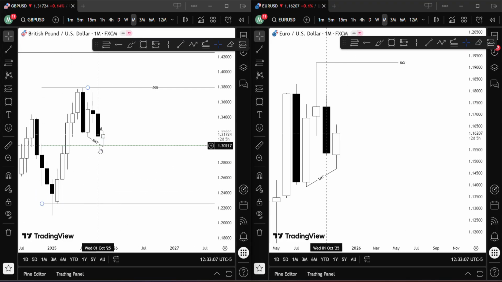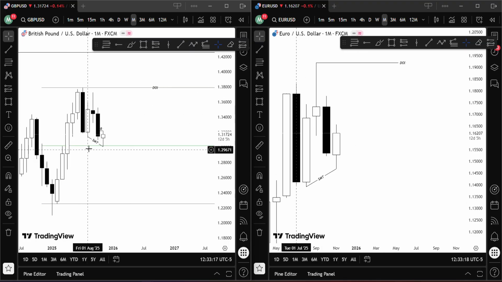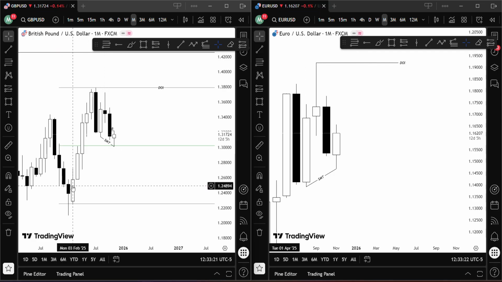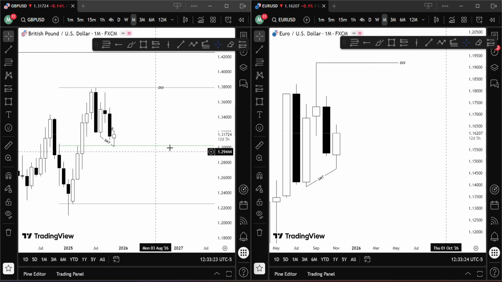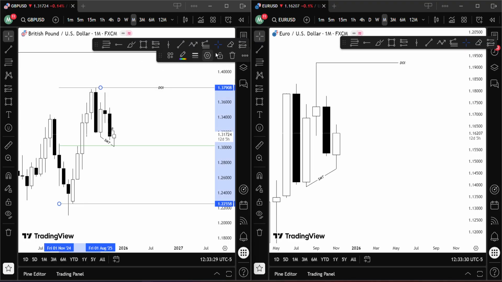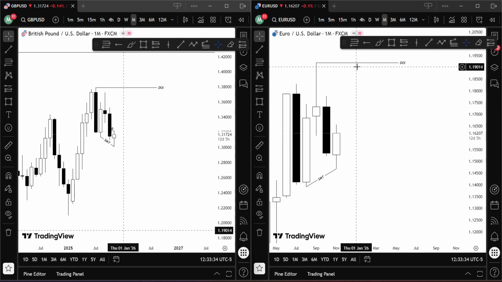You would want to see price reach the equilibrium of the dealing range, or dip into the discount for this particular bullish expansion. We'd want price to reach the discount. Then if it does, your growth liquidity is conveyed towards the opposing high of the dealing range, which is that growth liquidity that already exists.